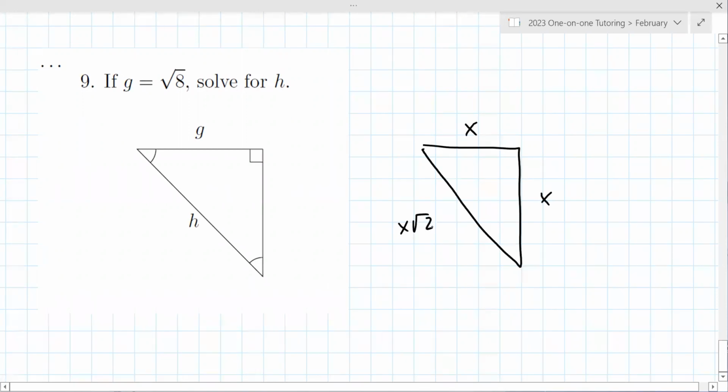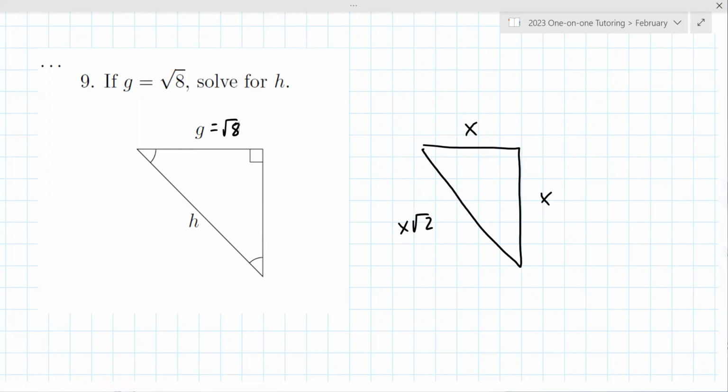Which one are they giving you in this problem? They're giving us H and G. G. This is the square root of 8. So you set the known side, square root of 8, equal to the reference side, okay? And then you multiply by square root of 2 to get the h value.